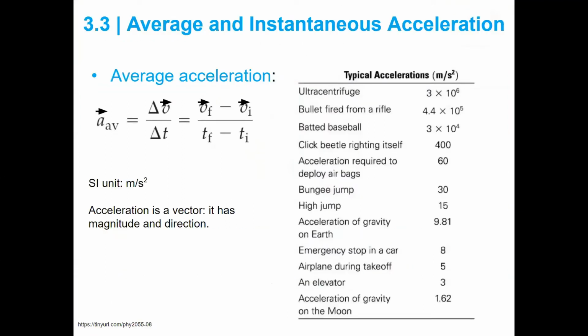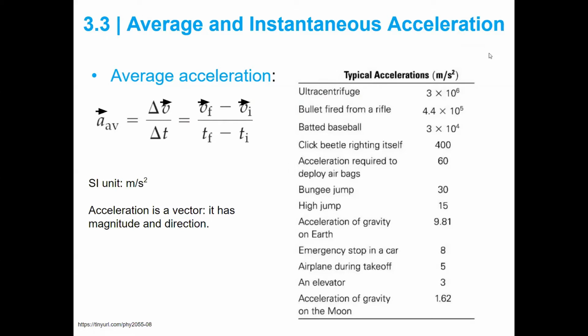All right, so today we are going to talk about average and instantaneous acceleration. Okay, so many times the instantaneous velocity will be changing, so that means the velocity is not always constant. You might have a change of velocity from one moment to another.